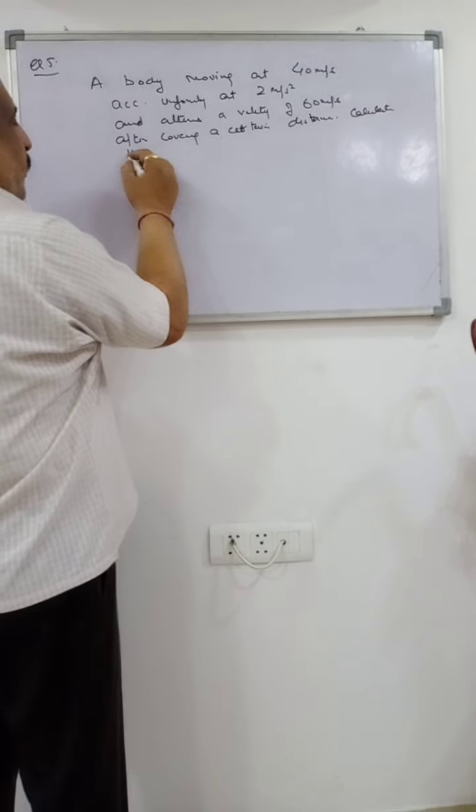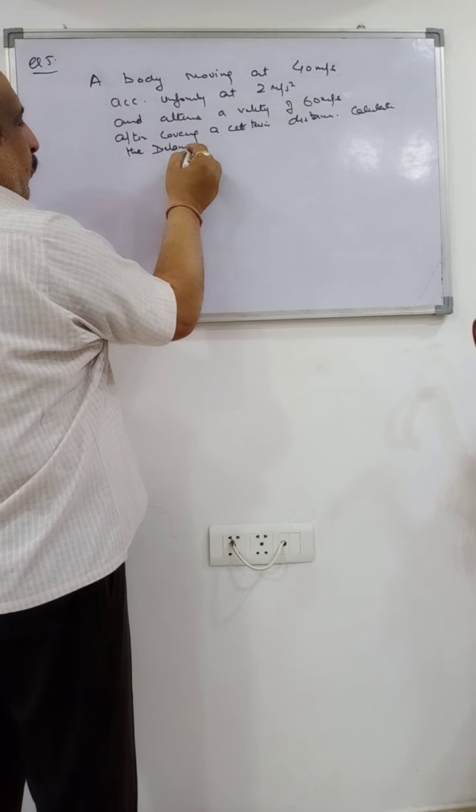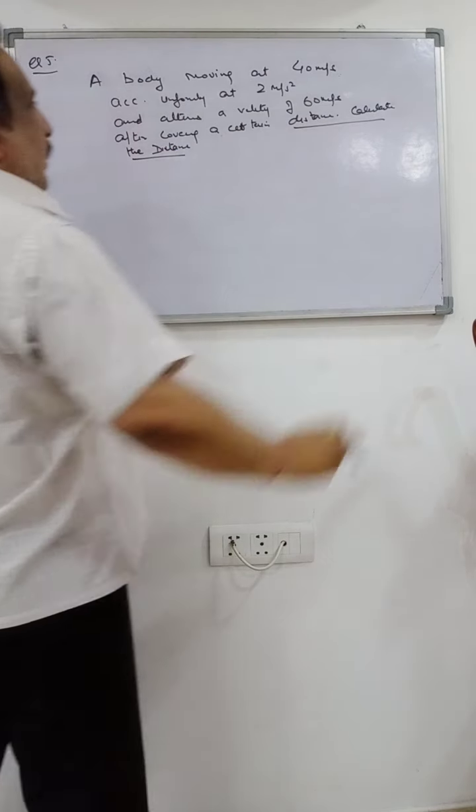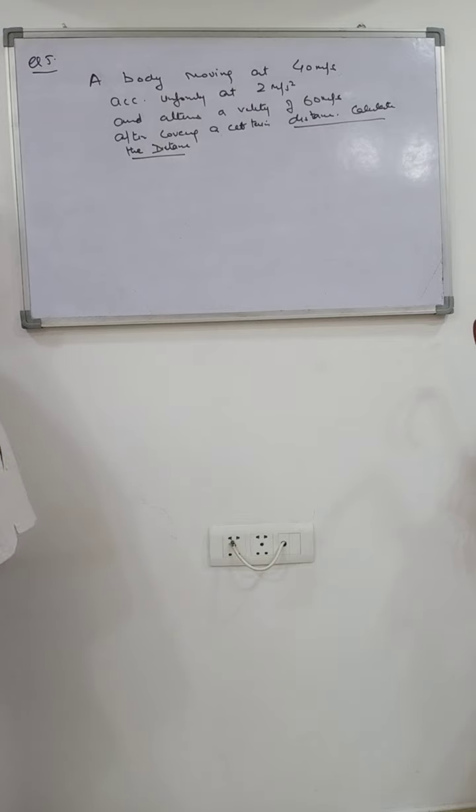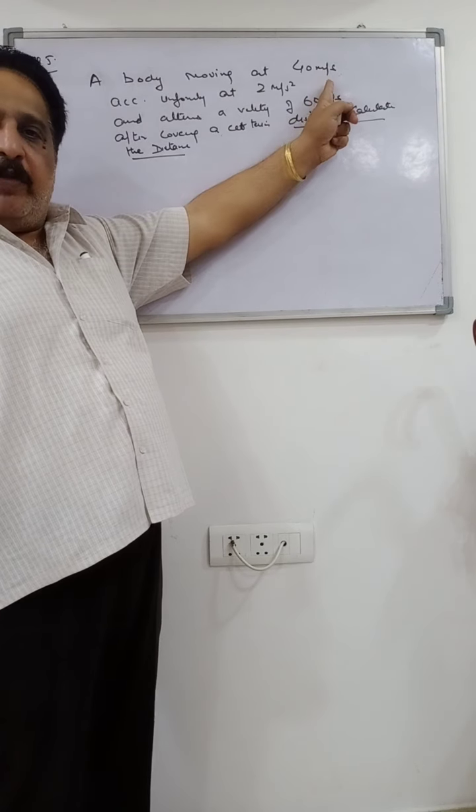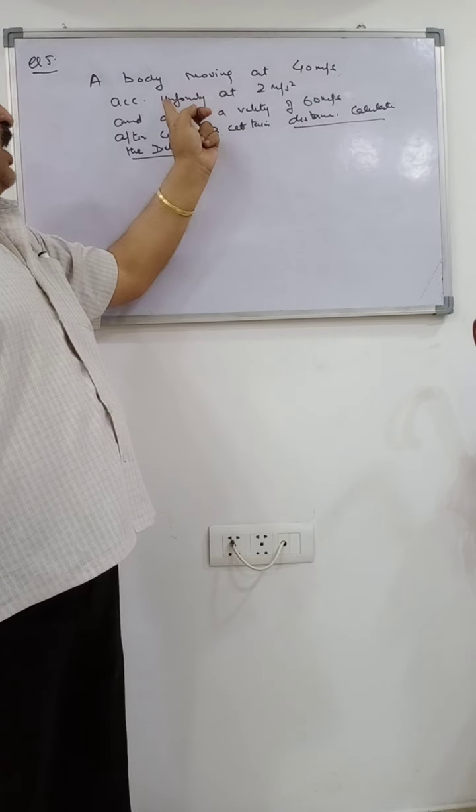Calculate the distance. See, a body was first moving at 40 meter per second and then it started accelerating.